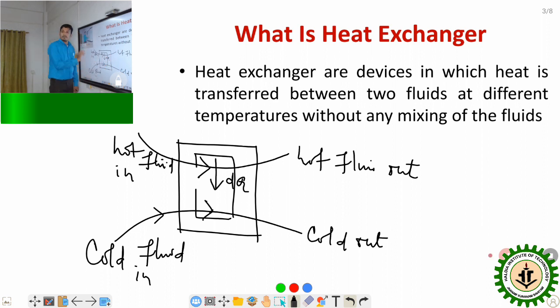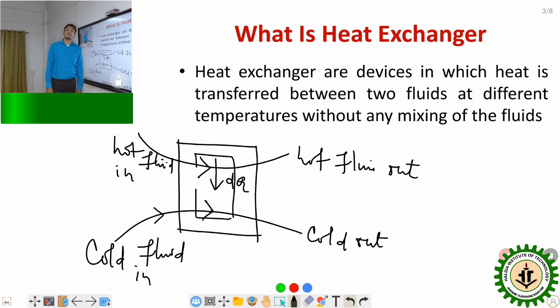I am taking d because we have taken the elemental section. A small amount of heat gets transferred from hot fluid to cold fluid. During this transfer process, the hot fluid becomes cold and the cold fluid becomes hot. So this is the basic schematic of the heat exchangers.